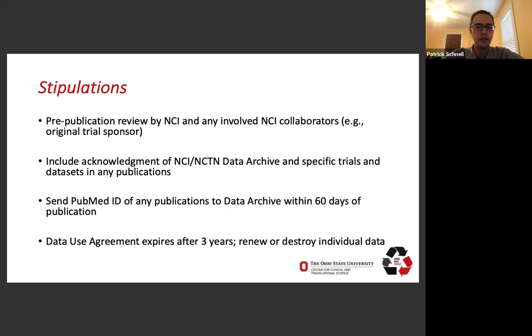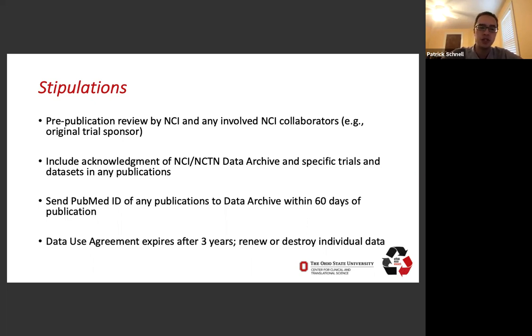You have to include a boilerplate acknowledgement of the data archive and specific trials in your publications, saying this work used this data set from the NCI archive, and it was derived from this trial.